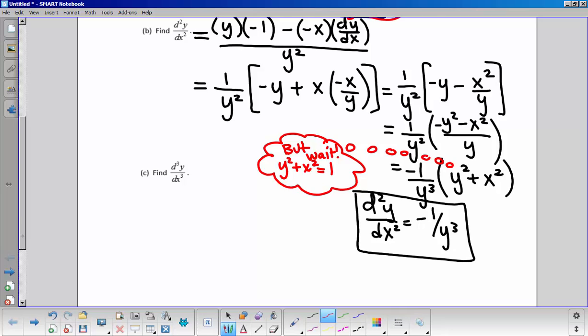We know that it equals 1 from the original problem statement. What if it was x squared plus y squared equals 8? We would put an 8 there. But here our problem said x squared plus y squared by definition is 1, so I can replace that. So that's a pretty nice, simple second derivative, right?